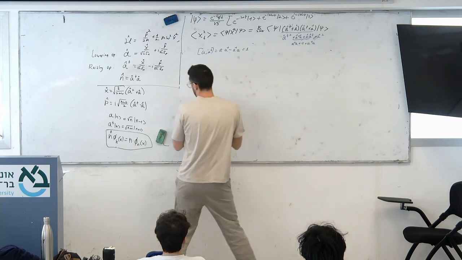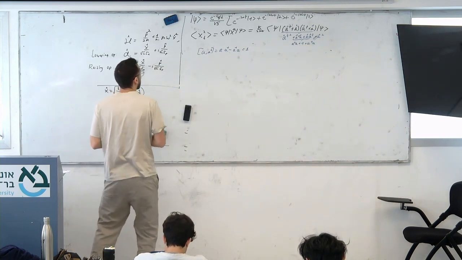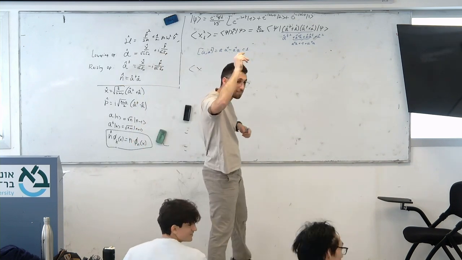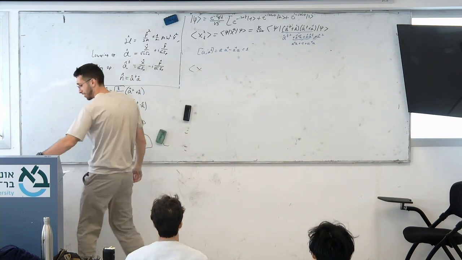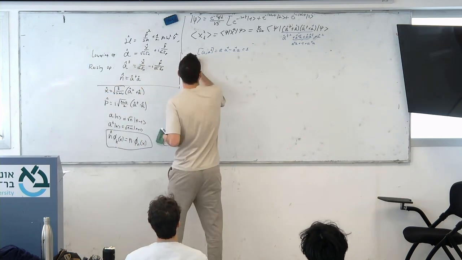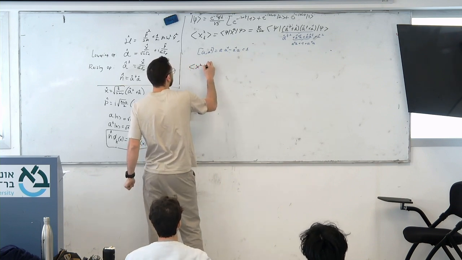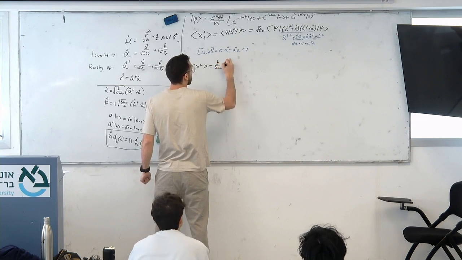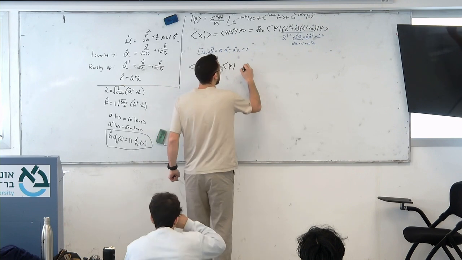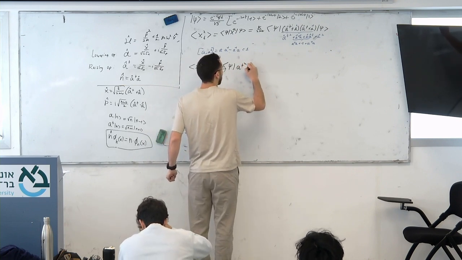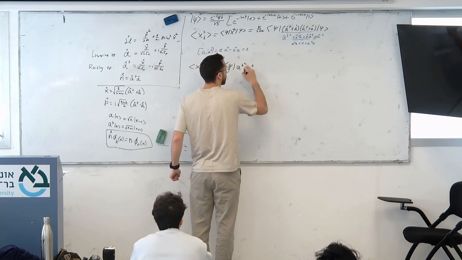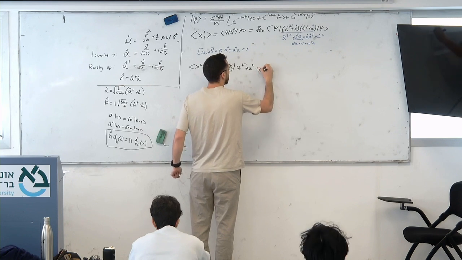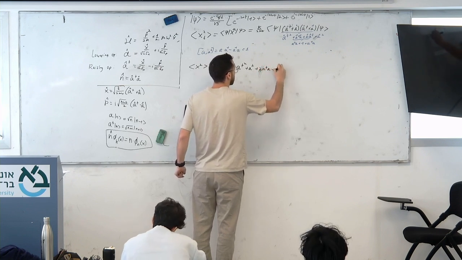So what we have for x squared is equal to h bar over 2m omega, psi, a dagger squared plus a squared plus 2 a dagger a plus 1, psi.